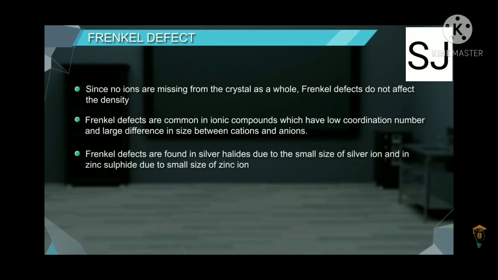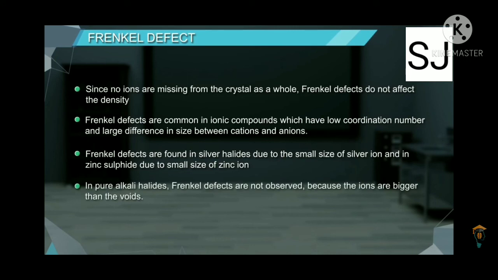These defects are found in silver halides usually because of the small size of the silver ion, and in zinc sulfide also, because of the small size of the zinc ion. In pure alkali halides, Frenkel defects are not observed.